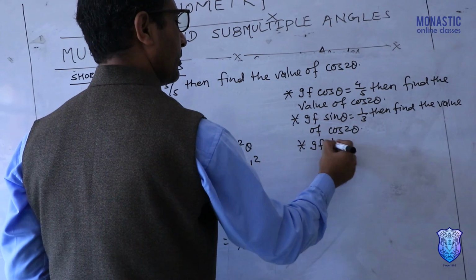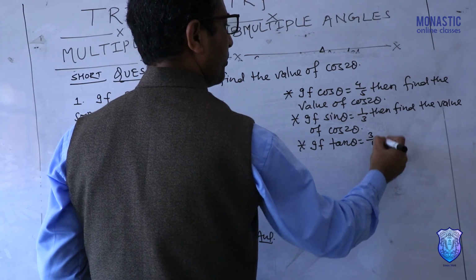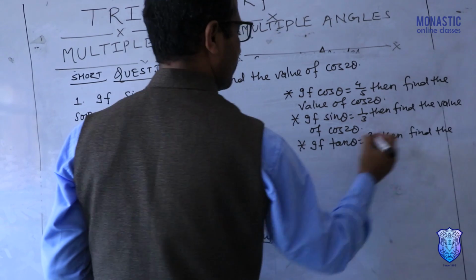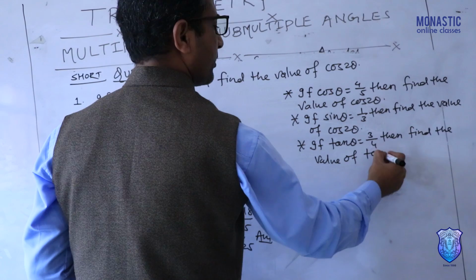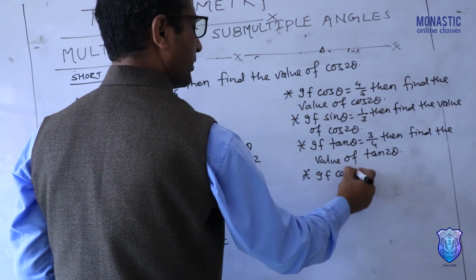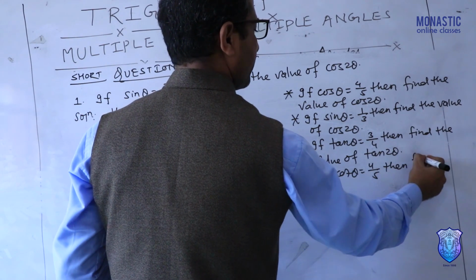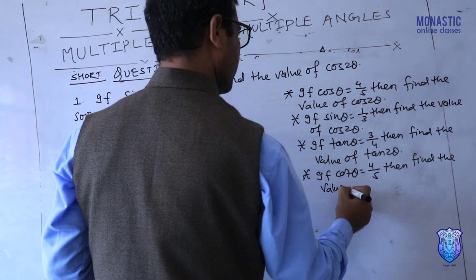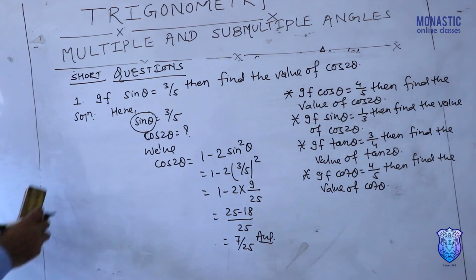If tan theta equal 3 by 4, then find the value of tan 2 theta. If cot theta equal 4 by 5, then find the value of cot 2 theta. That's one of the model we have.